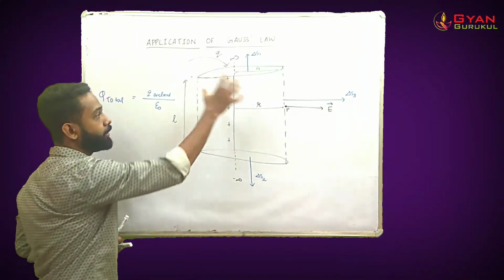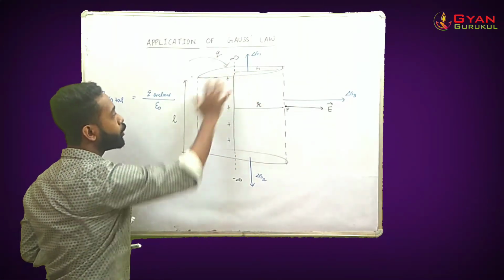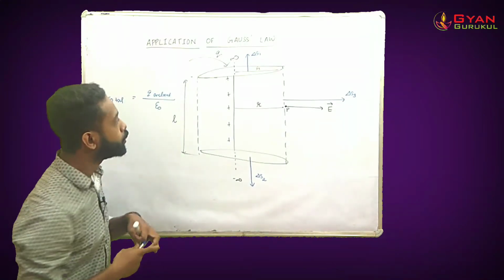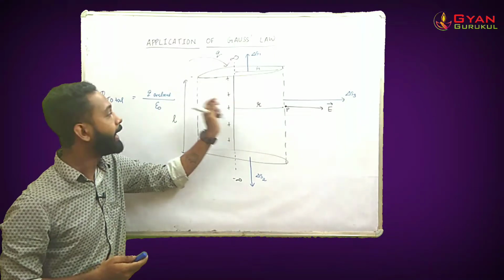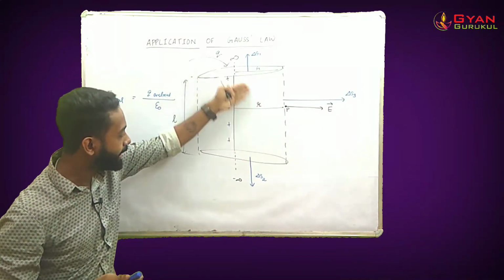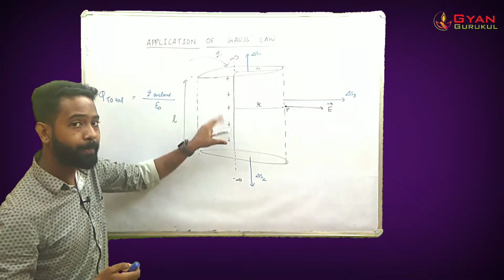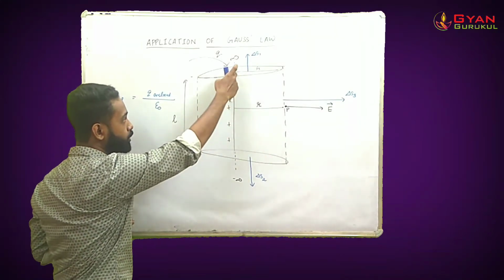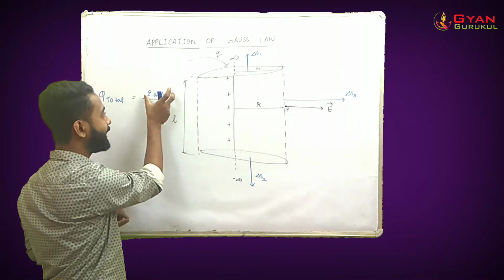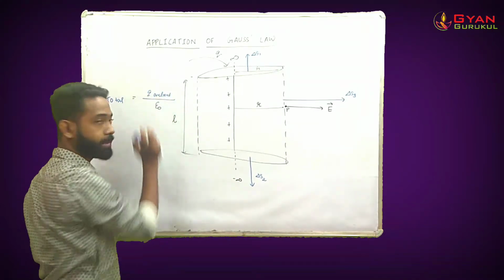Now if we consider the cylinder to be a closed surface, obviously the line falls exactly at the center of this cylinder, and hence all the charges that belong to the length L would be inside the cylinder. So the charge enclosed by this particular length of line L would be Q enclosed.